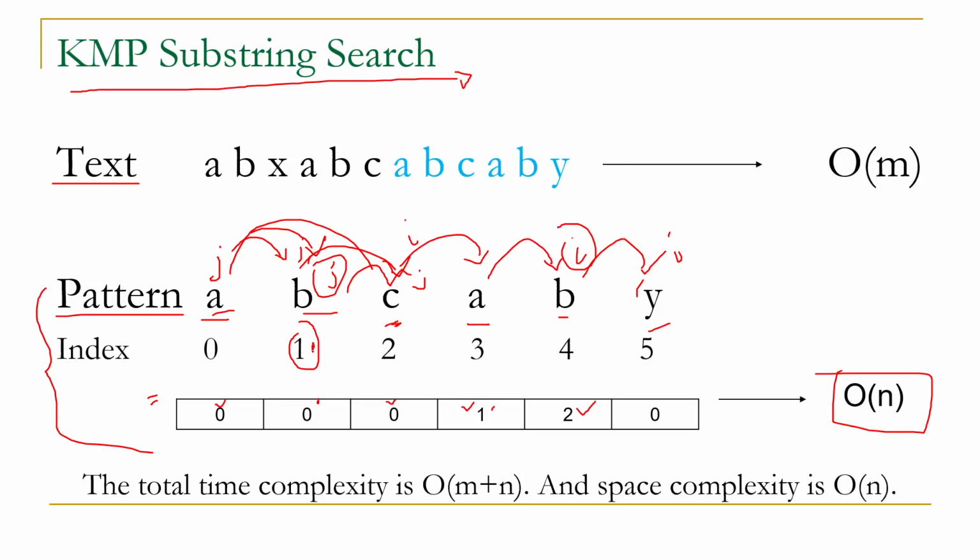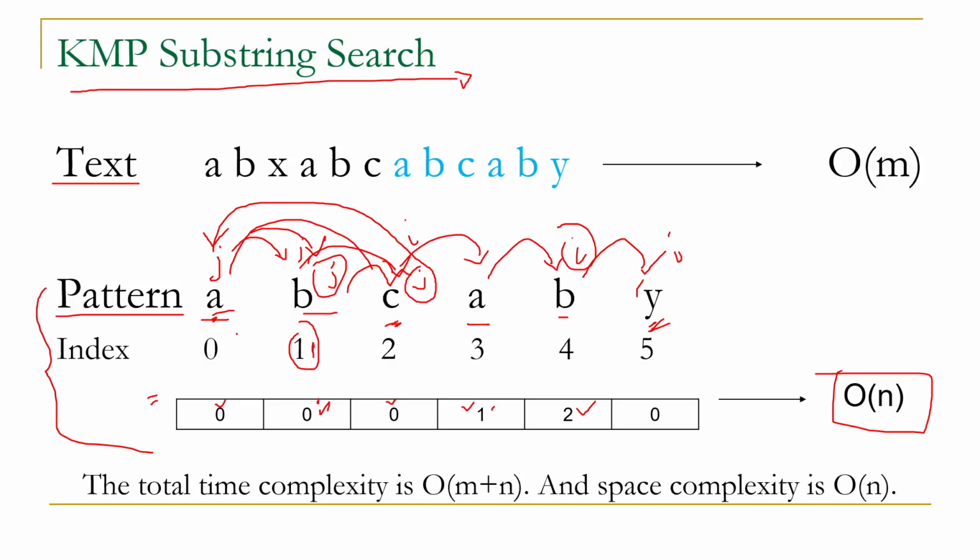This is the previous index, and the value is 0. Then we have to go to the index 0, that is the initial index. And then we can see again there is a mismatch. Yes, this is mismatched.